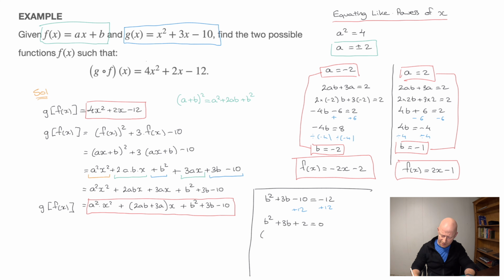And we can state that this is the same thing as b plus 2 times b plus 1, which equals 0. And for this to equal 0, either b plus 2 equals 0 or b plus 1 equals 0. And so let's quickly write that out here. If b plus 2 equals 0, then b equals negative 2. And of course, if b plus 1 equals 0, then b would equal negative 1.